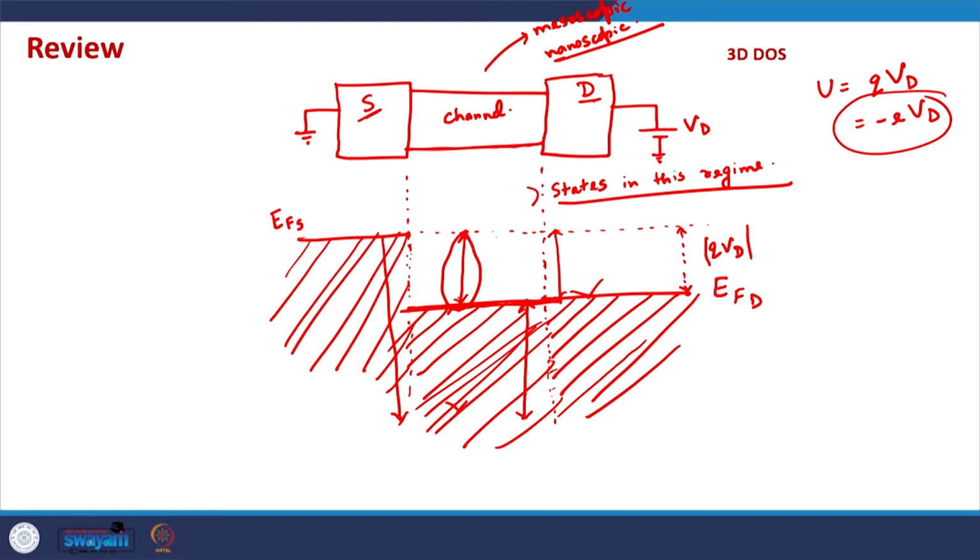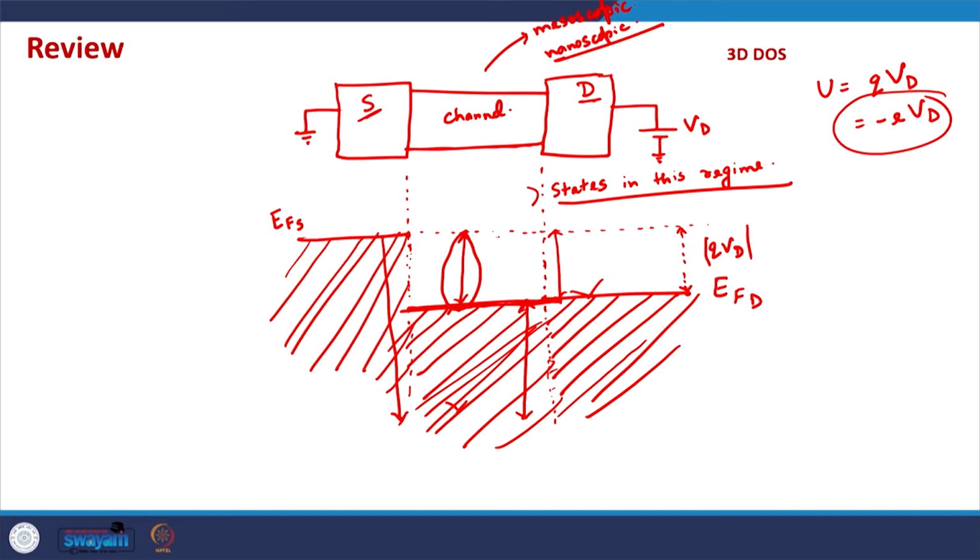If the channel has a band gap in this regime, no conduction will take place, whatever be the applied voltage, because even if the source is trying to fill all the electronic states here, but there is no electronic state here, so it cannot fill any electronic state, and no electron can shift from source to channel to drain.